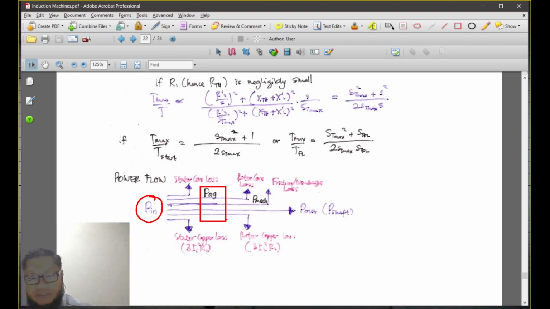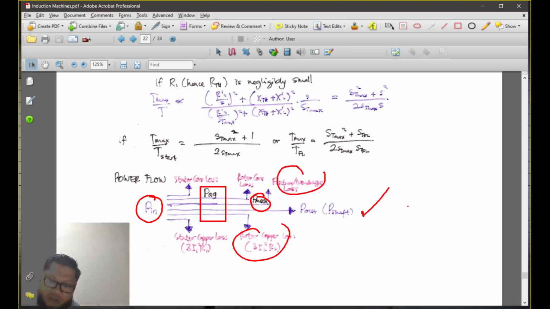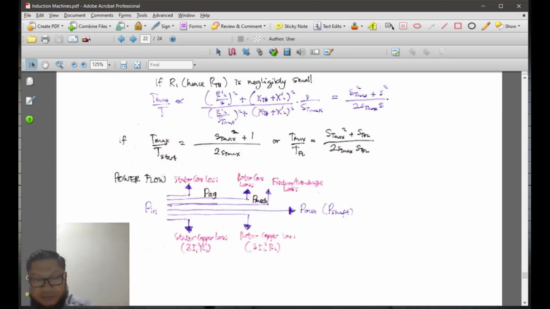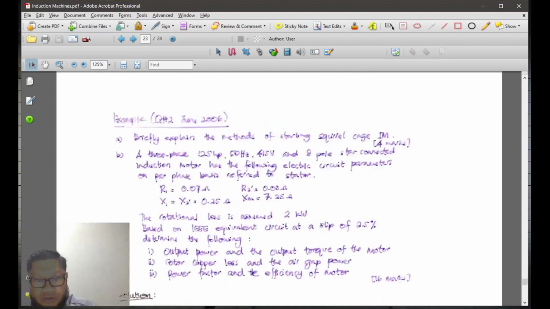Then if you subtract the rotor copper loss, that gives you the developed mechanical power. And then if you subtract the friction, that will give you the final output shaft power. Okay? So, thank you very much. You can try this example.